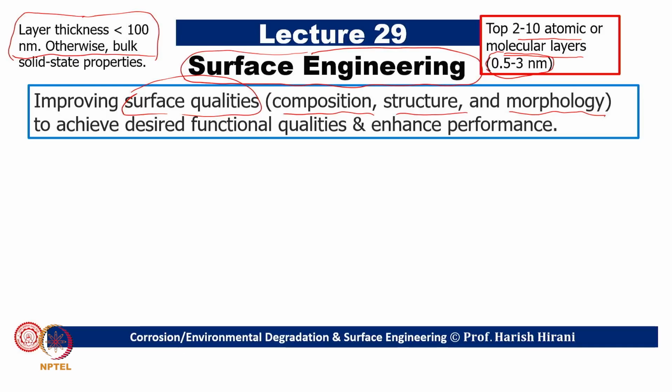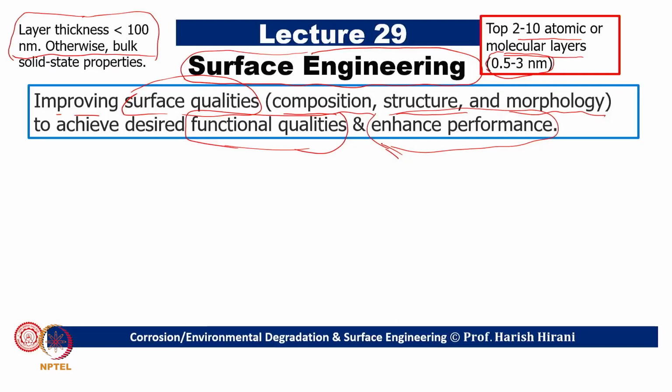Now, what we want to do here is improve the surface quality to achieve desirable functional qualities. What are the desirable functional qualities? Minimize the friction, minimize the wear, minimize the corrosion, minimize the erosion. There should not be any damage to the surface. So, these can be functionalities also, and whatever performance enhancement we are doing, can we really enhance it?